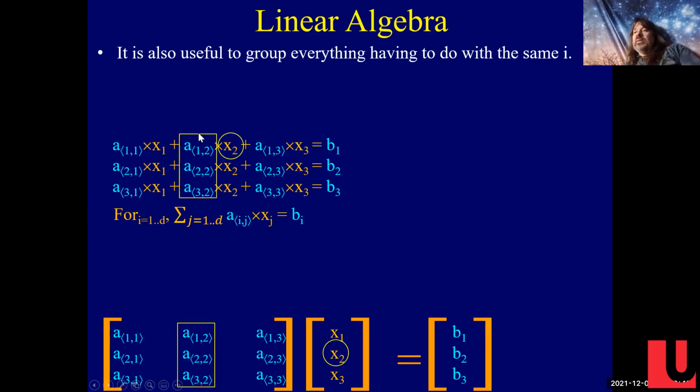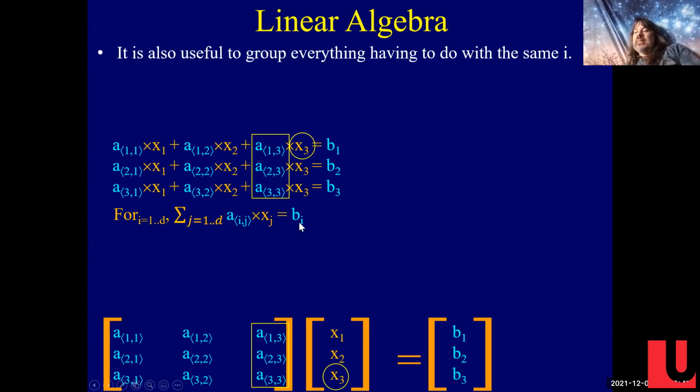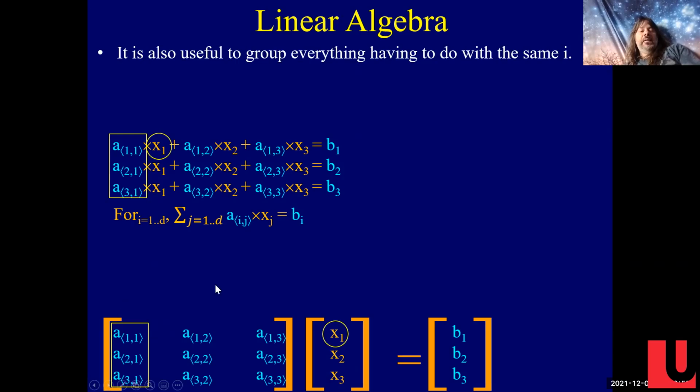Here we're taking all the coefficients related to x2, and we put them in this column, and all the ones relating to x3 in this column. The reason I'm pointing this out is because at some point later we're going to be talking about this column. Sometimes we talk about rows and sometimes we talk about columns, right? Does that make sense?